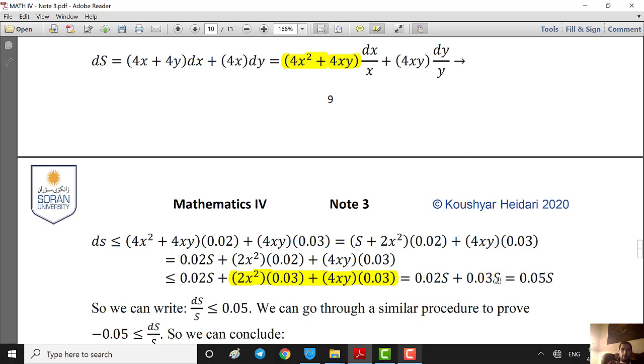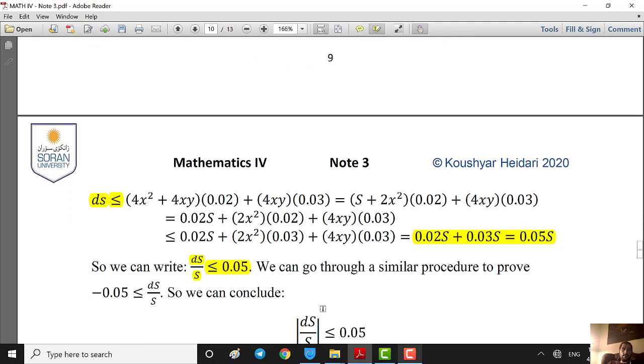Now, the summation of 0.02s and 0.03s is 0.05s, and all of this is bigger than ds. So we can say ds over s is smaller than 0.05. That is a very considerable result.